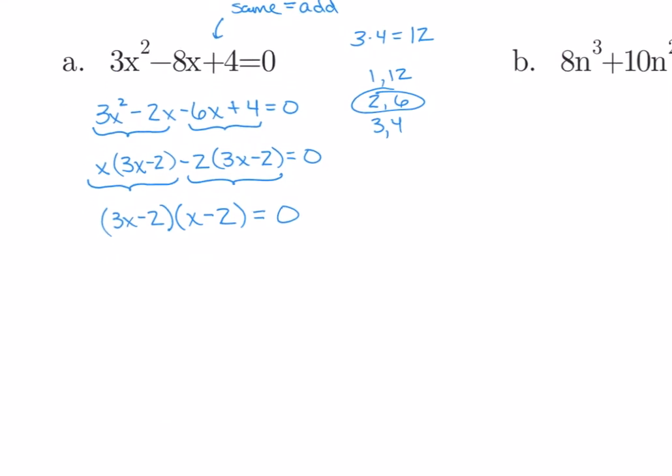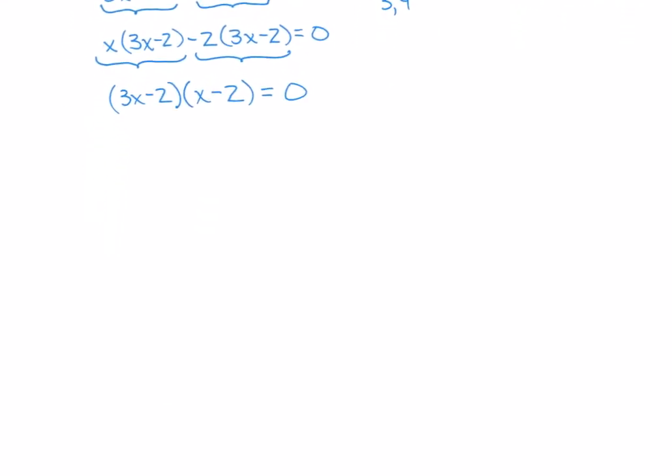All right, now we are solving, so remember that we want to set each factor equal to 0 and solve. So we get 3x minus 2 equals 0, or x minus 2 equals 0. For the first one, I can add 2 to both sides. And I can divide by 3.